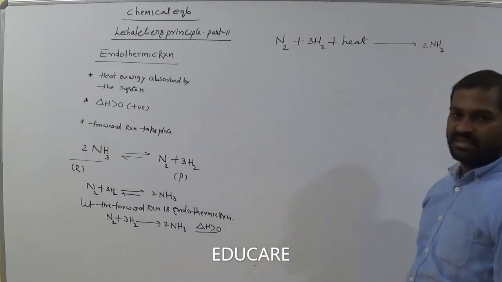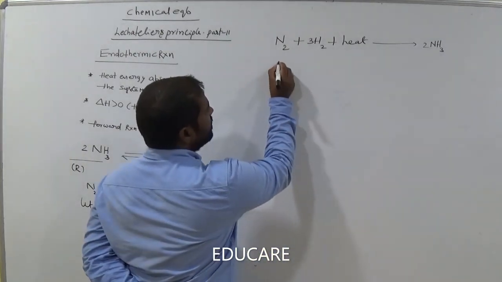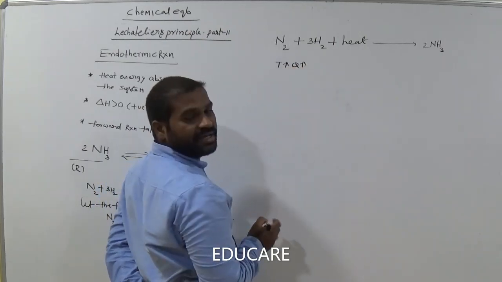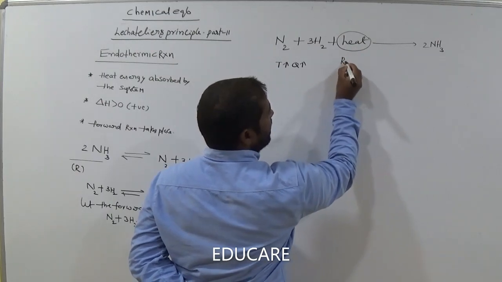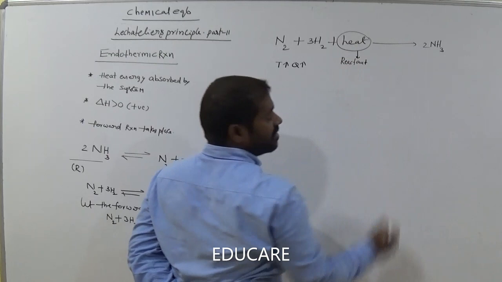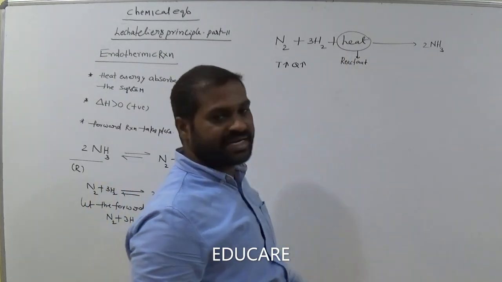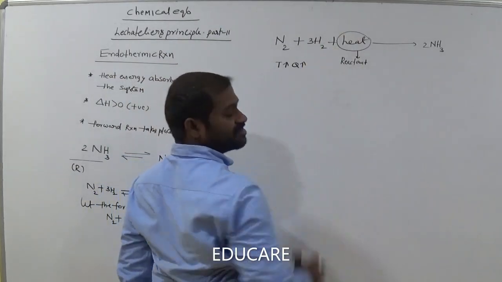Am I right? When temperature increases, heat energy increases. Now this heat energy is also considered as a reactant. So the entire term is on the reactant side now. Is it clear?